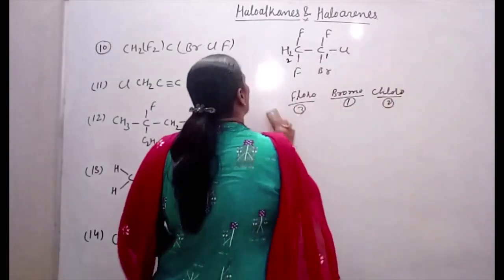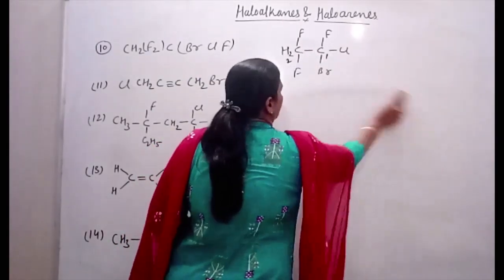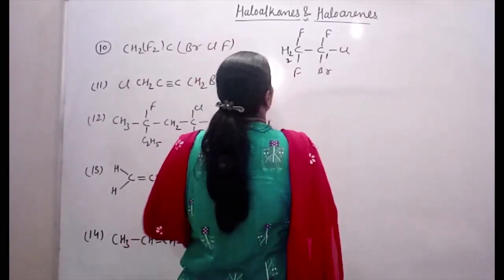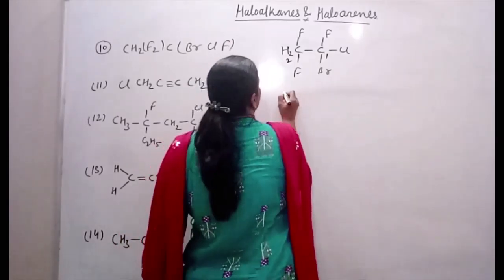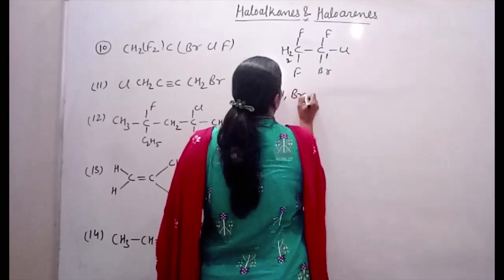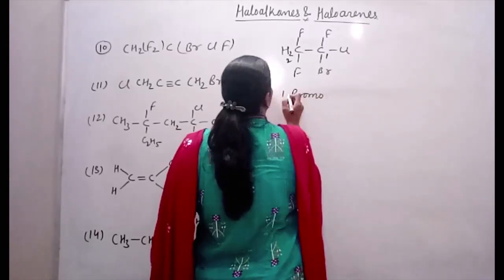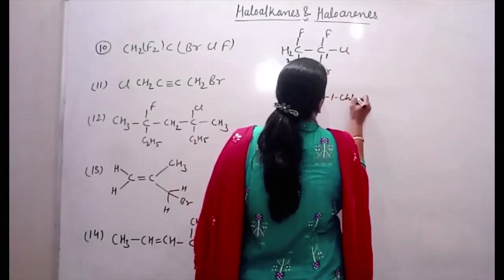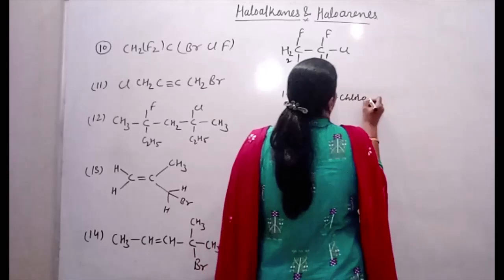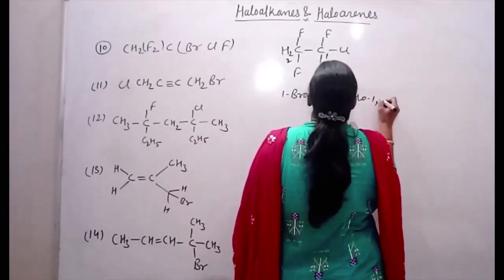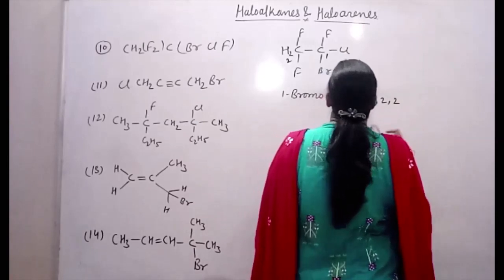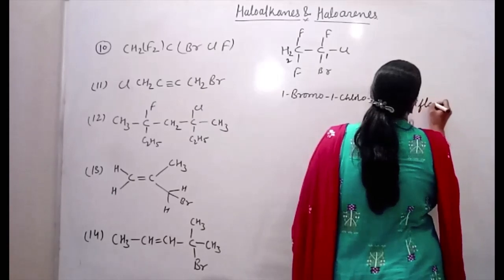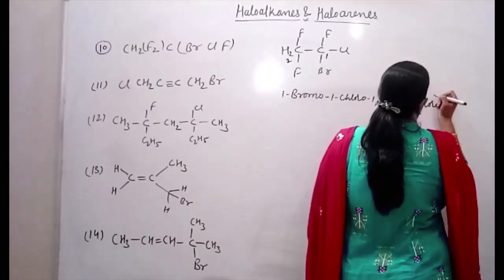Now name the compound. It's named 1-bromo, 1-chloro, 1,2,2-trifluoro, ethane.